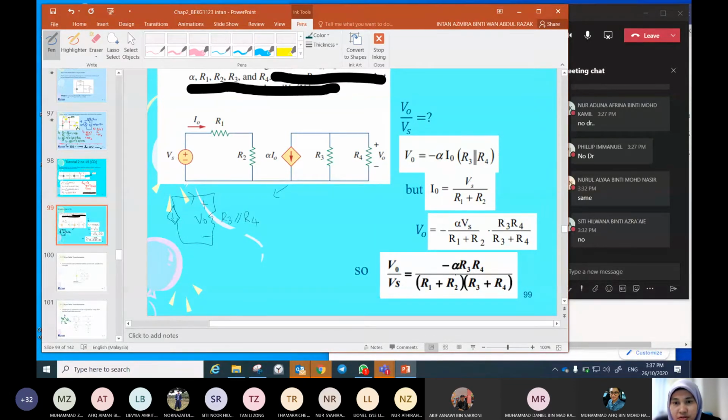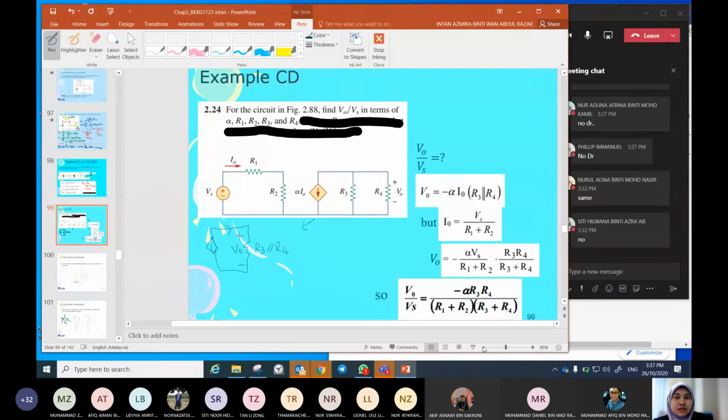Okay, we just combine alpha Vs. Okay, sorry, so Vs is here. We take out Vs, put it as the denominator, and then we get this.